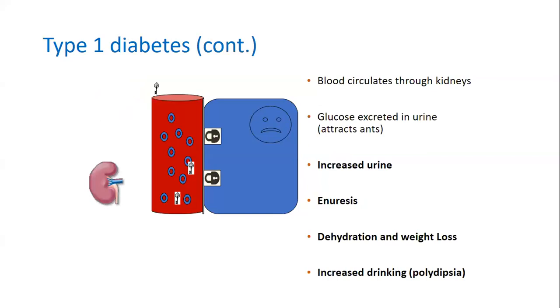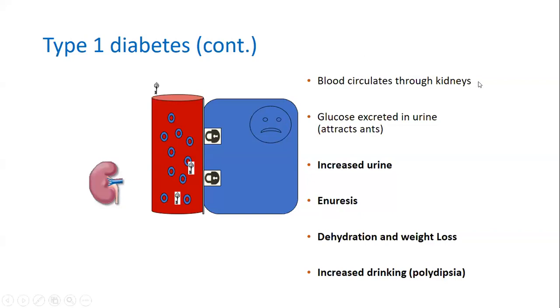Then as the glucose continues to accumulate, we know that once glucose gets into the blood vessel, it circulates throughout all the organs in the body. So the blood will also circulate through the kidneys.